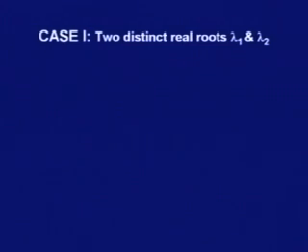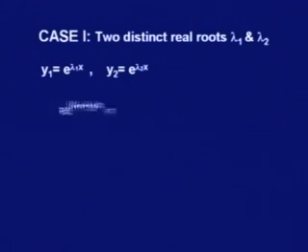Case 1, 2 distinct real roots lambda 1 and lambda 2. So, we do have the 2 solutions y 1 as e to the power lambda 1 x and y 2 as e to the power lambda 2 x. We see that these 2 solutions are linearly independent. We can check by taking the ratio of these 2 solutions.